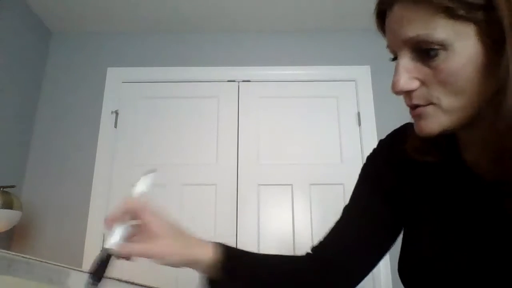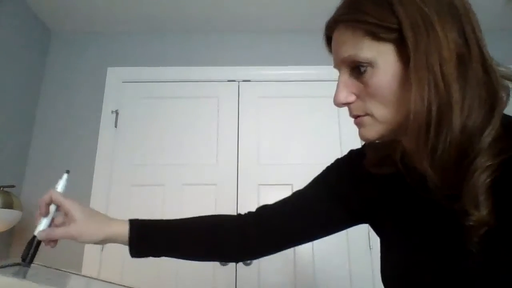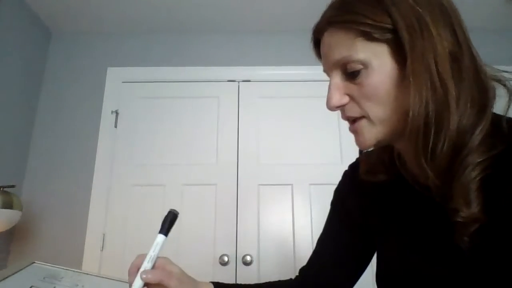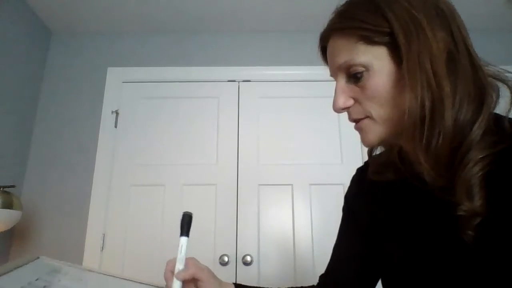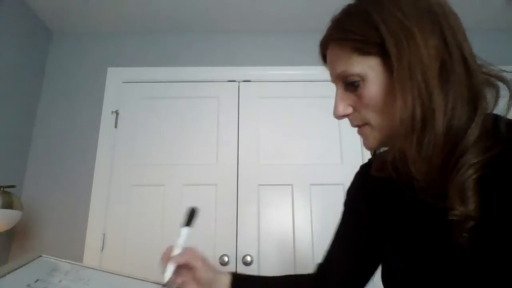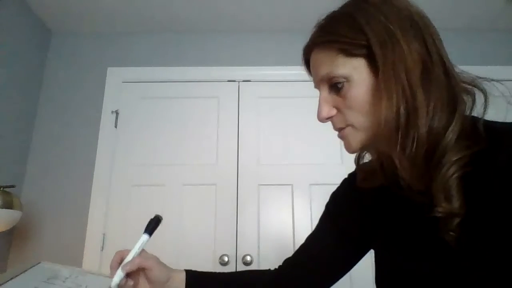I'm going to show you the traditional algorithm for this too. So this time we have to write our number sentence up and down. And I'm going to put some lines between here.